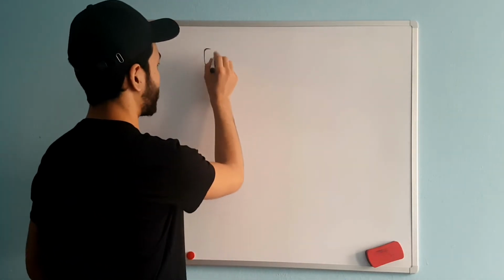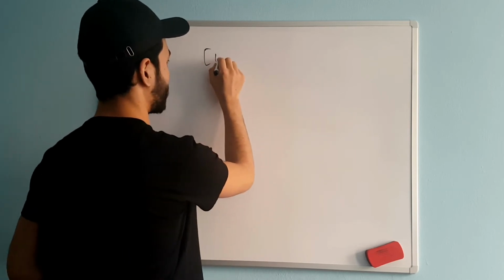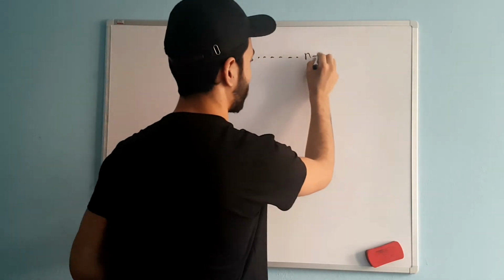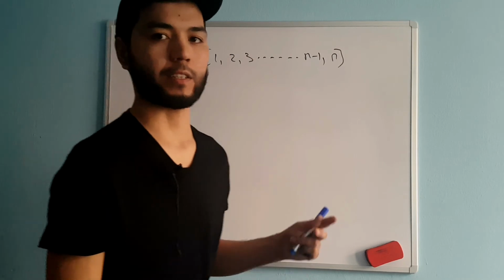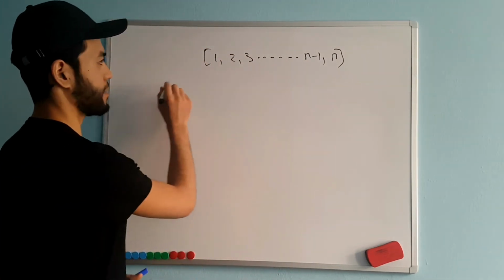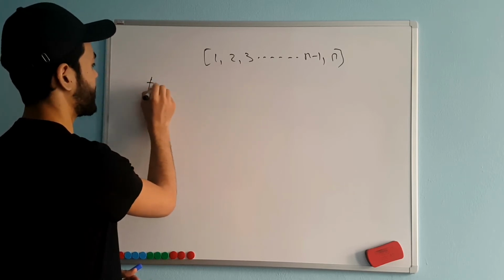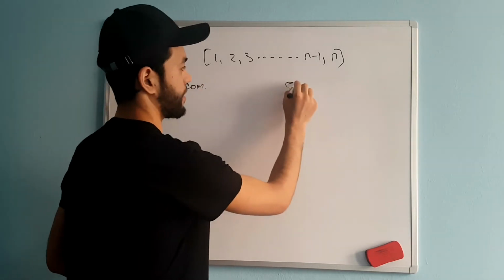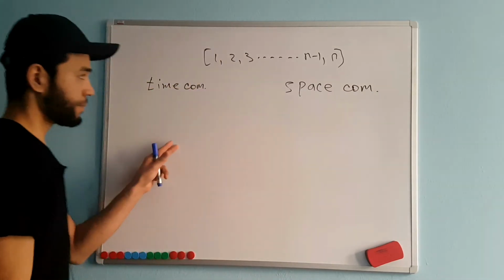Okay, I have a given n number of integer numbers, which start from 1, 2, 3, and go to n-1 and n, which are the given n integer numbers inside my array. First we'll define the time and space complexity for this one-dimensional array.